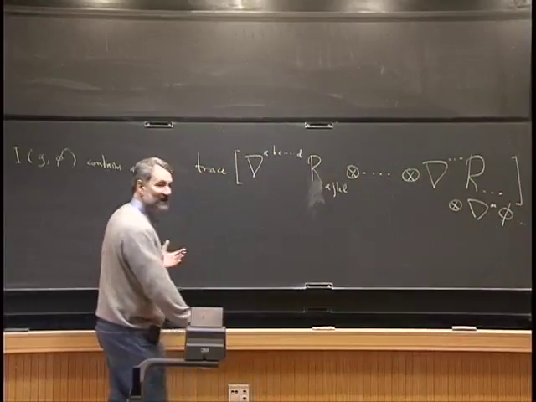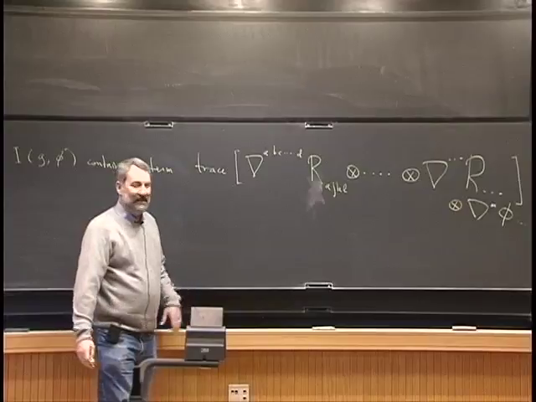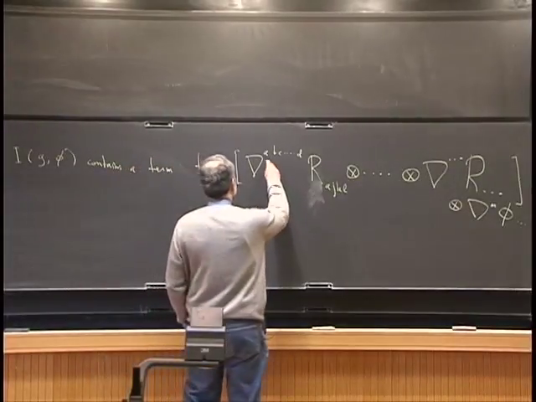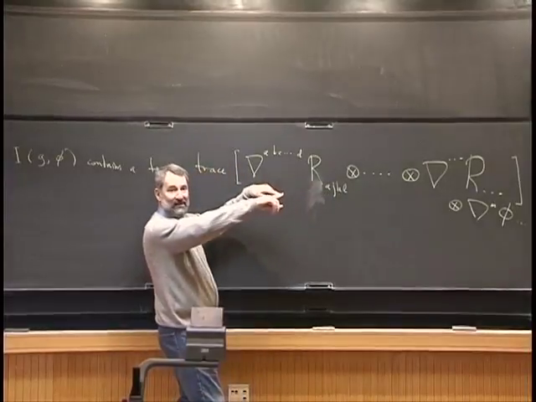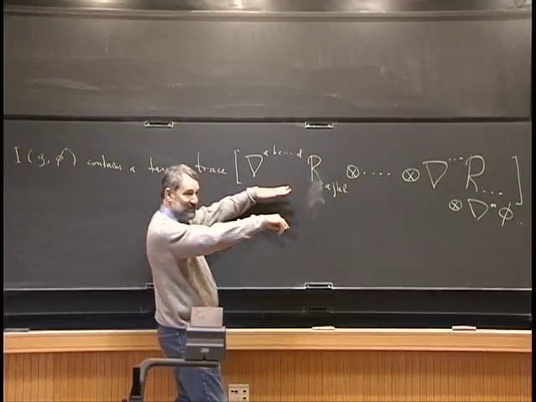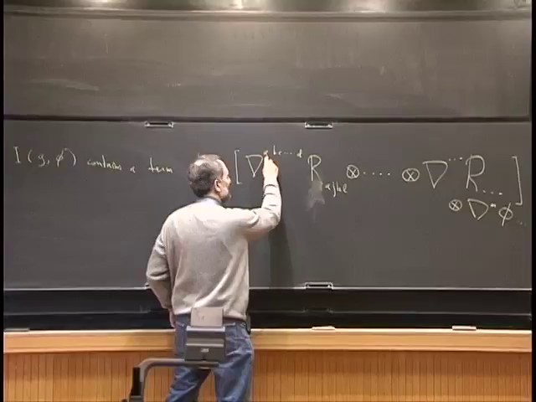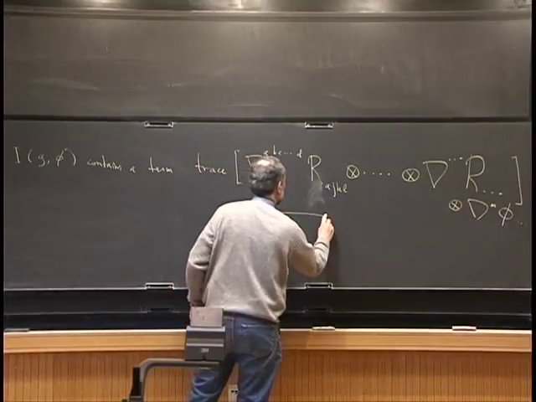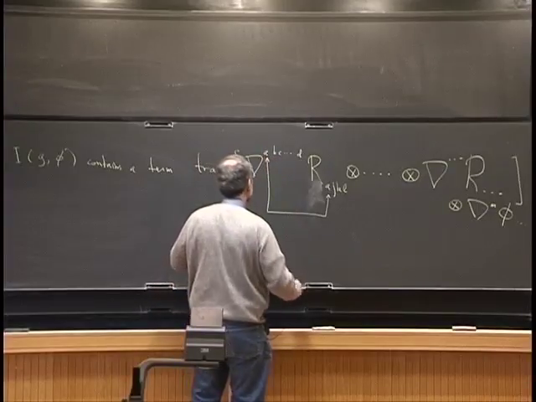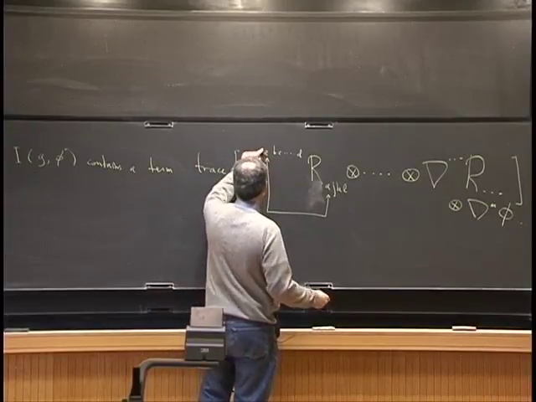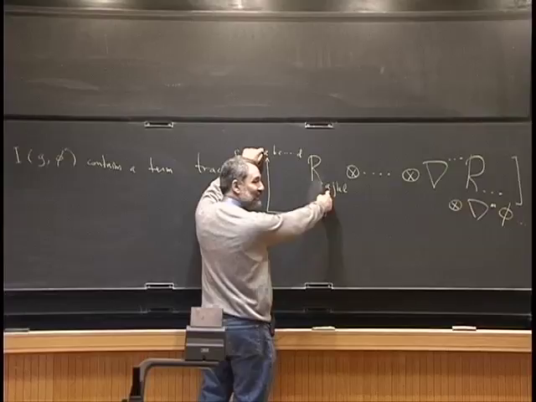Let's say that I contains a term like that. Now, when we take a trace, we have paired up the indices, and so this is not a complete description of what's going on. I have to tell you how to pair up the indices. But notice that one of the things I've done is to pair that guy up with that guy. And notice that this index appears in the same term as that index.